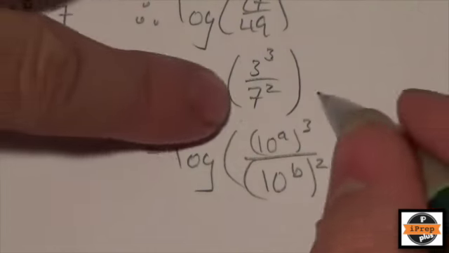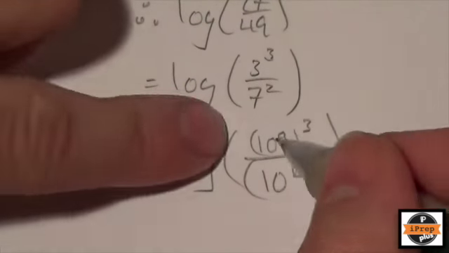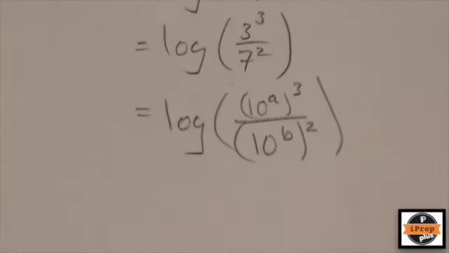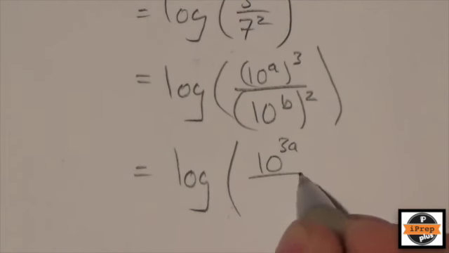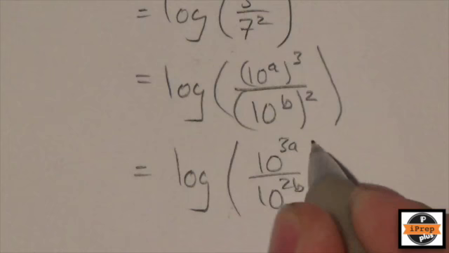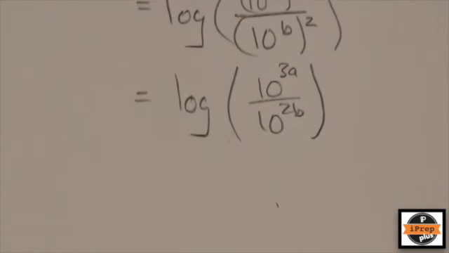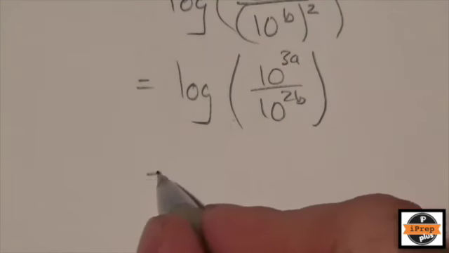Now I've got powers inside this logarithm that can be simplified. I'm using common logs the whole way. This is just 10 to the 3a divided by 10 to the 2b. Because I'm dividing powers, I can just subtract exponents.